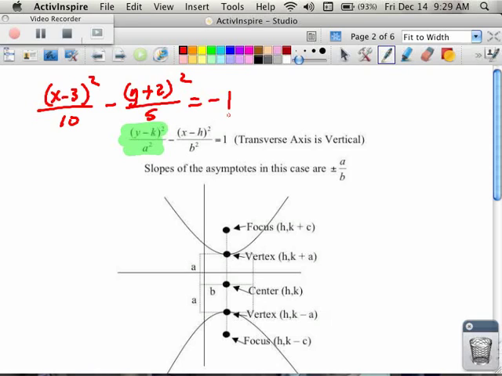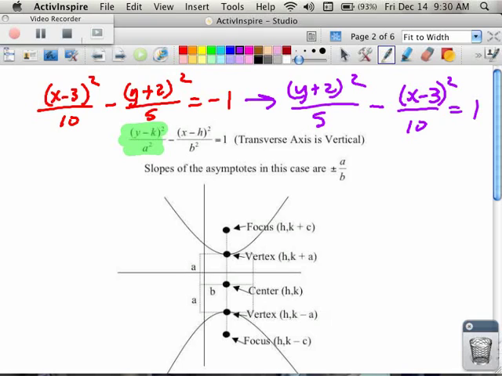Because all of the signs on the right and all of the signs on the left would change, and this would be rewritten as (y plus 2) squared over 5 minus (x minus 3) squared over 10 equals +1. So be aware, no matter how they present it to you, in the end, whatever comes first needs to be positive. So make sure you rearrange it so you know which one's positive and first, and that'll tell you which way the hyperbola opens.